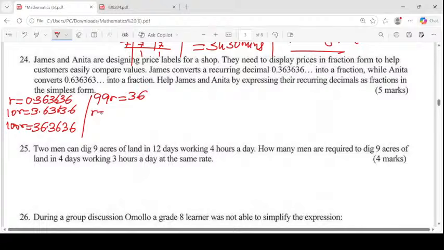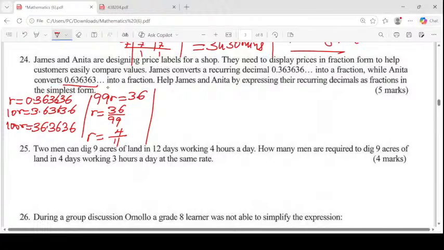So meaning r will be 36 over 99. So my first fraction in simplest form is 4 over 11. So this means that James' fraction is 4 over 11.